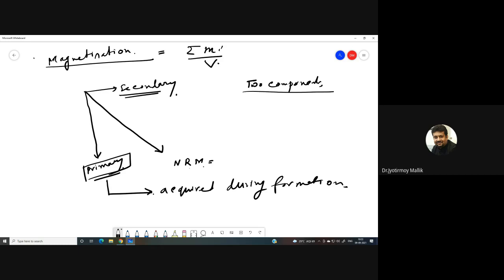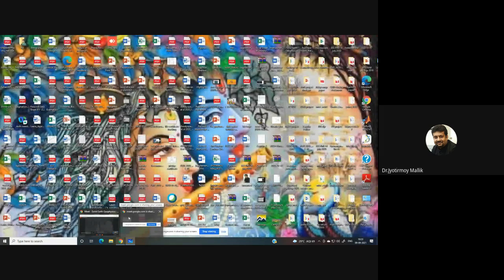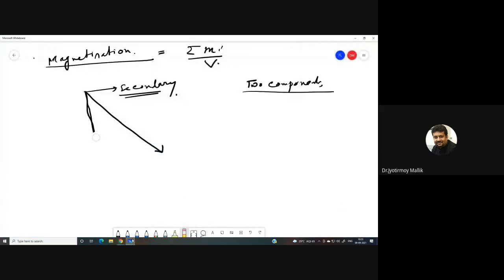Now in a few cases, if I resolve it, I can see that my primary remanent magnetization is fairly dominant. I should draw it a little smaller, of course, because it cannot be larger than my original component.